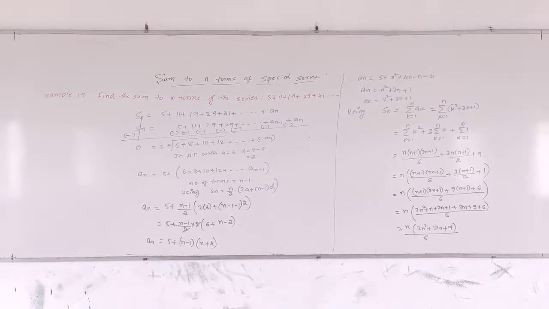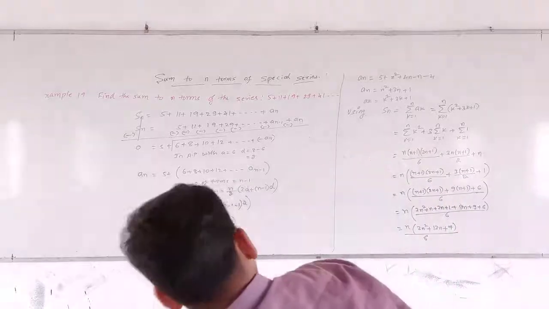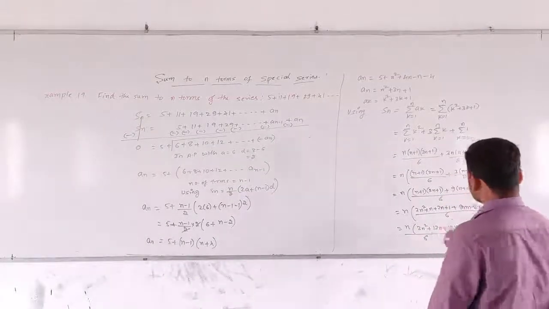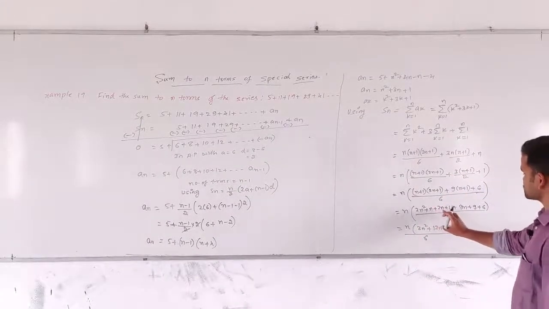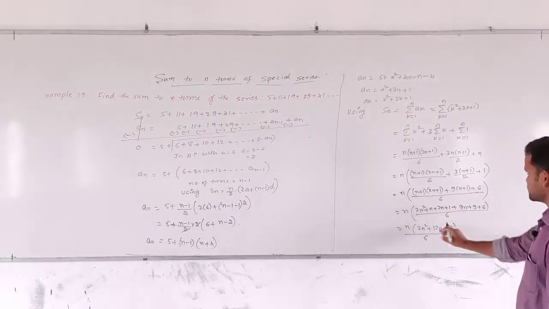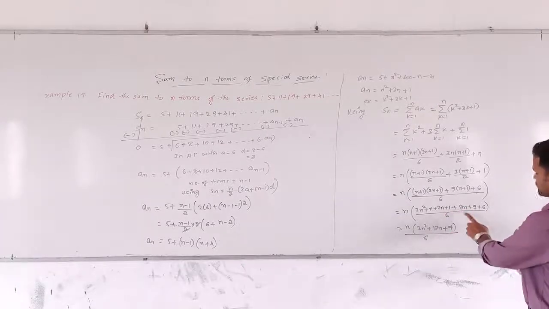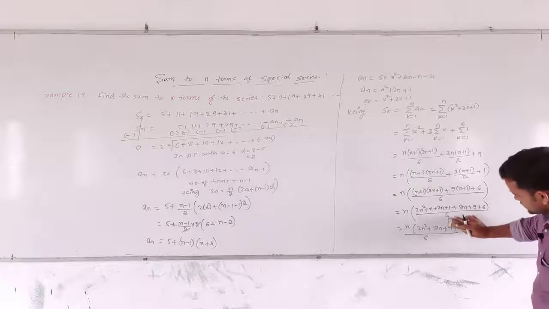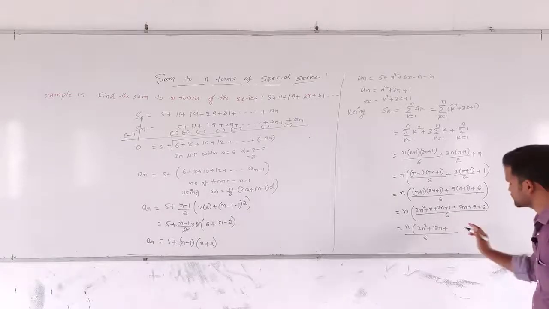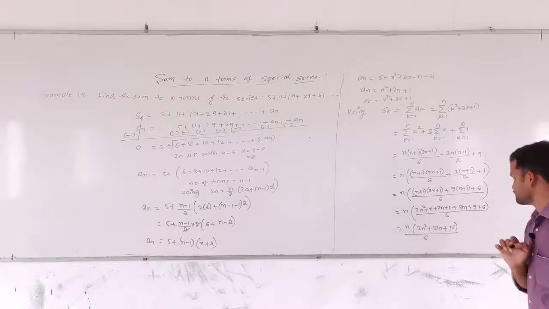Sorry, here we wrote it wrong. 2n square, n plus 2n, 3n, 9n, that is 12n, right? 1 plus 9 plus 6 is nothing but 16. We wrote it wrong. Fine.